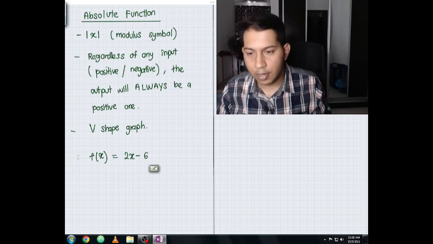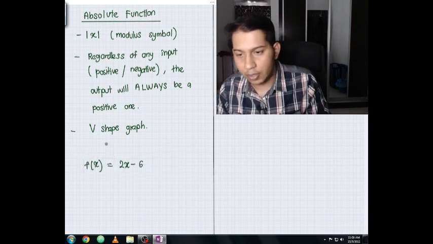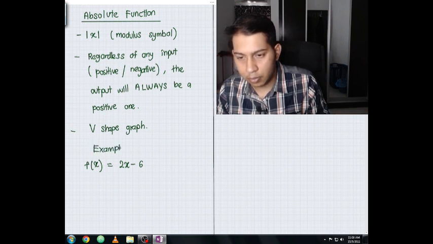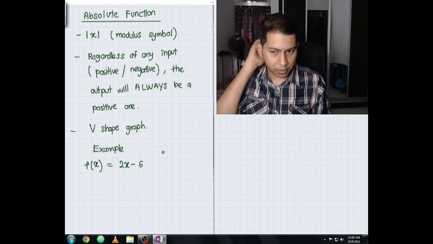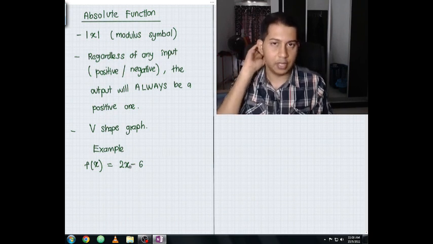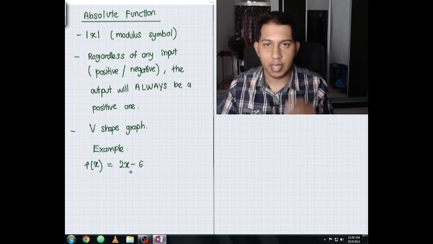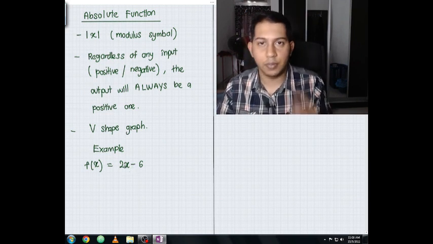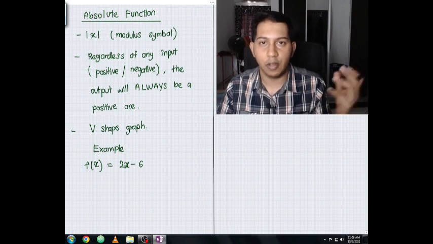Let me write here "example", otherwise you might get confused. You have your object 0. Let's say in the function you are given the object 0. Now you have to find the image for object 0.